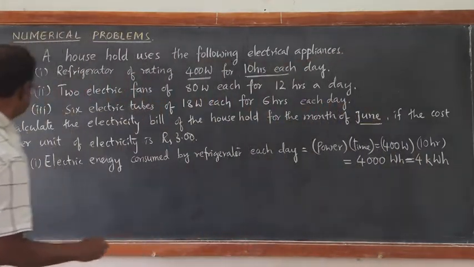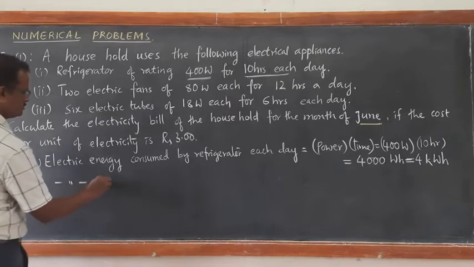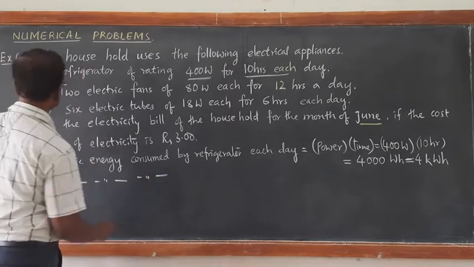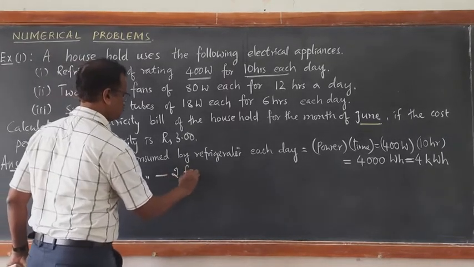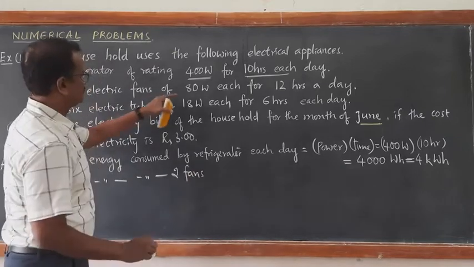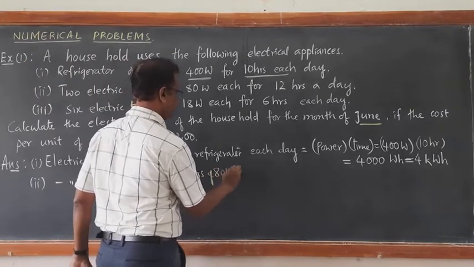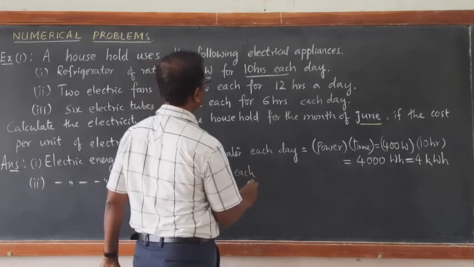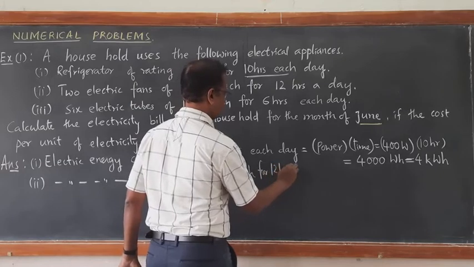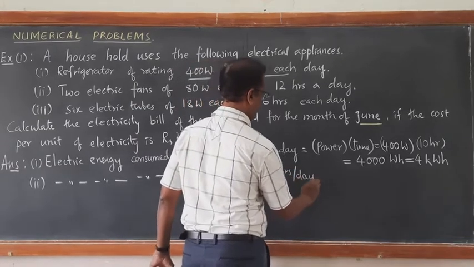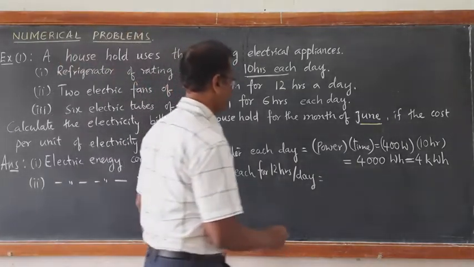Now similarly, second one, electric energy consumed by 2 electric fans, of 80 watt each, for 12 hours per day. Again, we are using the same method, power into time.